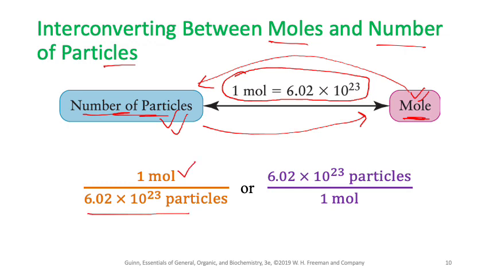Or if I have 6.022 times 10 to the power 23 particles, I have 1 mole of that thing. So it's both ways. We already learned in the previous chapter how to convert an equivalency to a conversion factor, and we're going to use the same concept to solve a couple of problems. So let's go to the next slide.